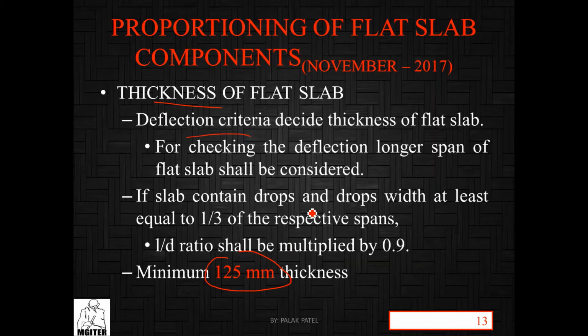We will discuss it when we start the example. And if the slab contains drops, then the width should be at least equal to 1/3 of the respective span, means drop width is 1/3 of the span, right?